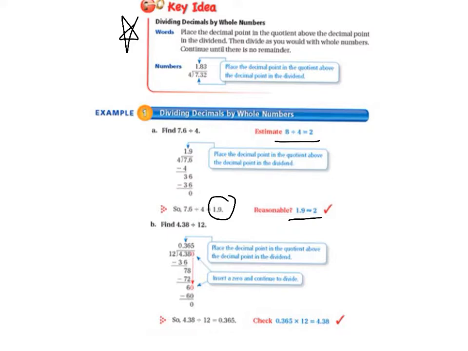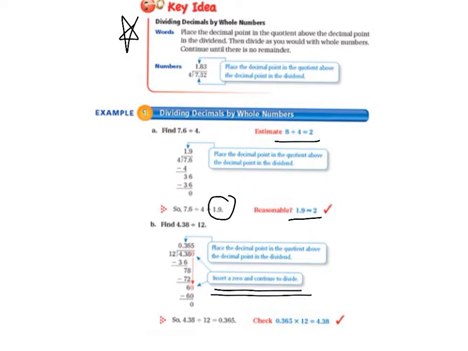So we have to bring down a 0, and then we have 60. 12 times 5 equals 60. So 60 minus 60 equals 0. Now that our remainder is 0, we can be done. So remember that you have to insert a 0 and continue to divide if you have a remainder with decimals.